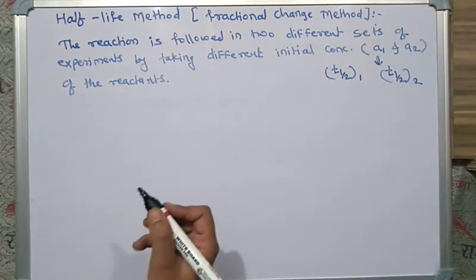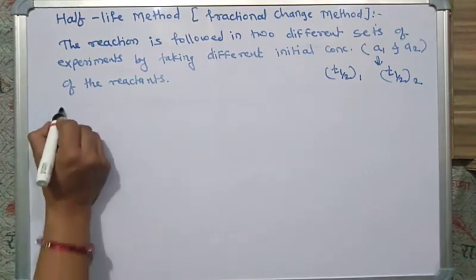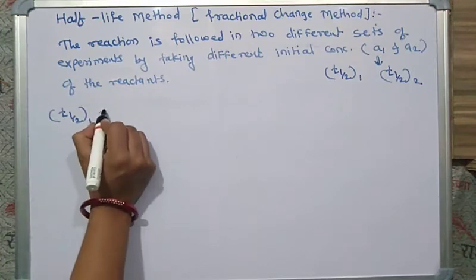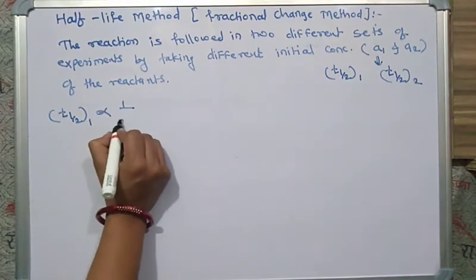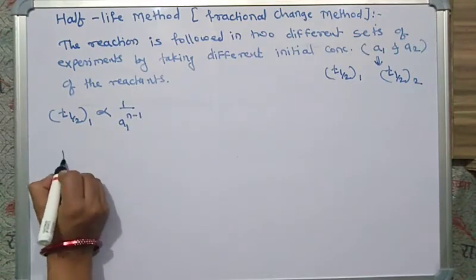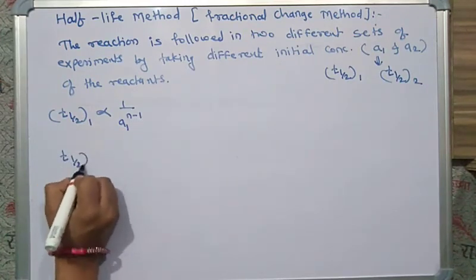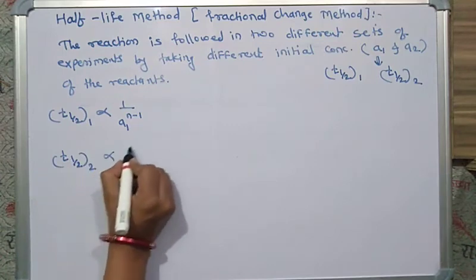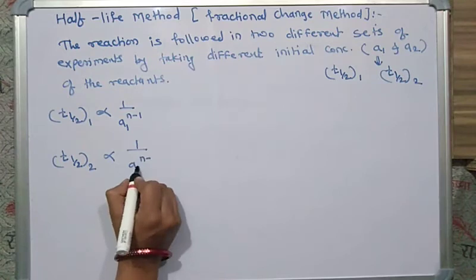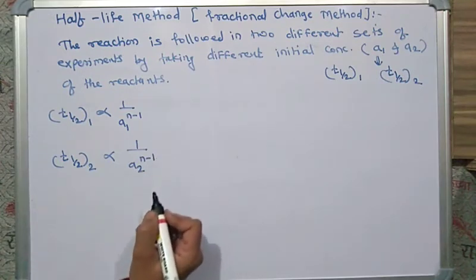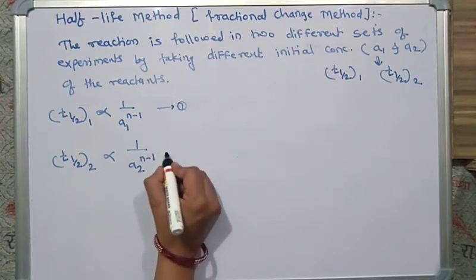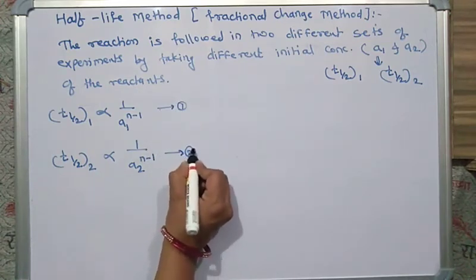So we get the equation that T half of 1 is proportional to 1 divided by A1 to the power n minus 1, and second, T half of 2 is proportional to 1 divided by A2 to the power n minus 1. Say this is equation number 1 and this is equation number 2.